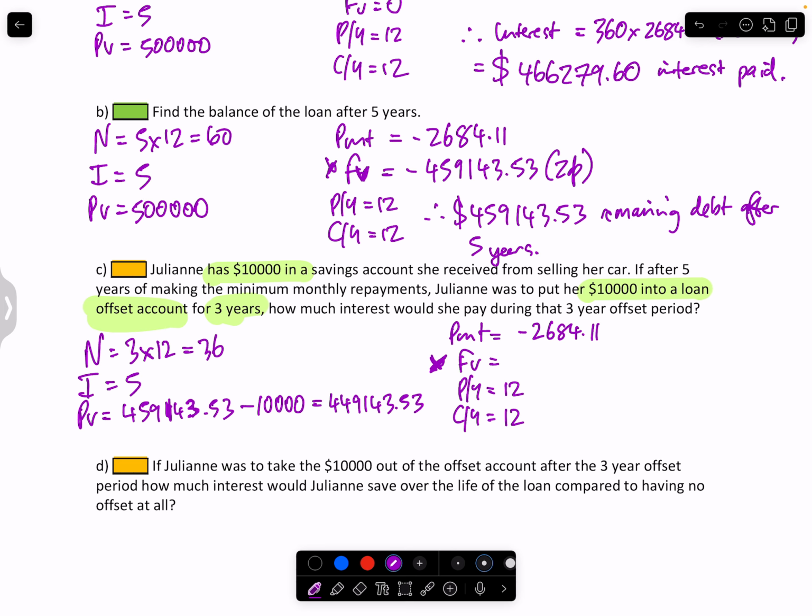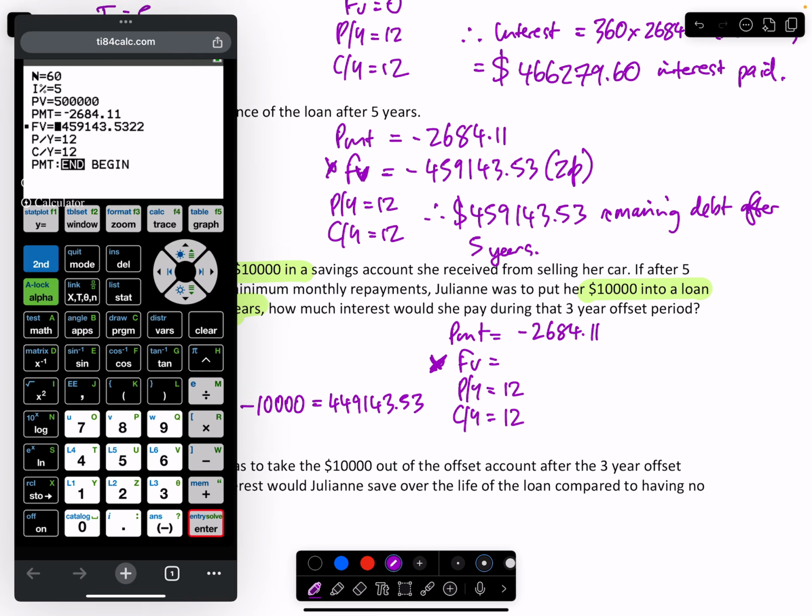So 36, 449,143.53. Alpha, enter. That tells me that she gets her down to 417,649.52 to 2 decimal points.